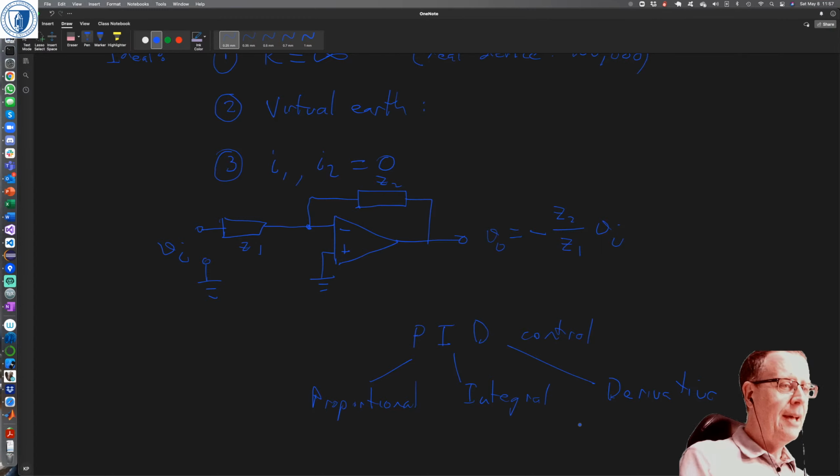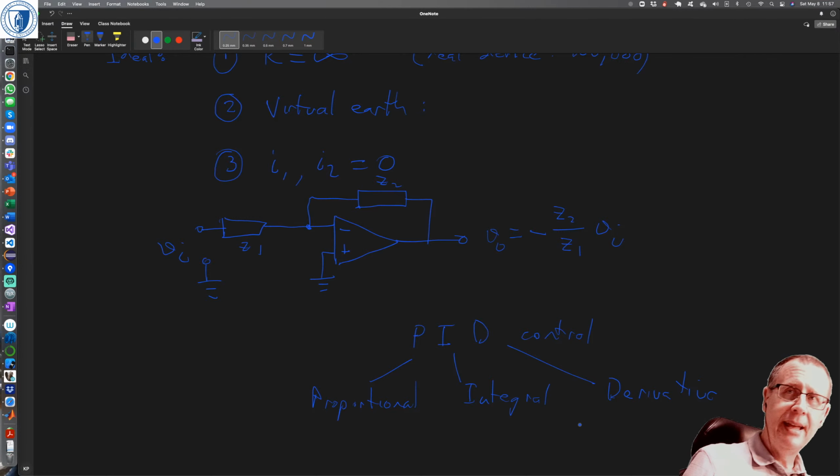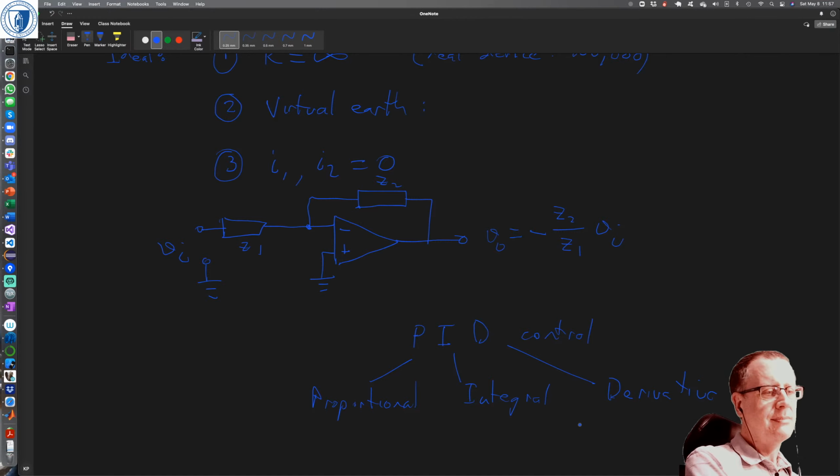These days, if you're going to do PID control, you're probably going to do it using a digital controller. However, you often want to connect up measurements to your controller or to just your data acquisition system, right? And sometimes the thing you're measuring is too small to be measured by your measuring system.